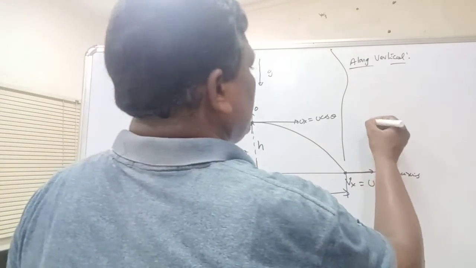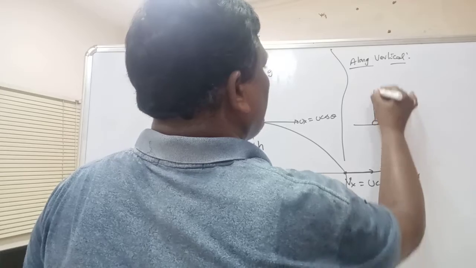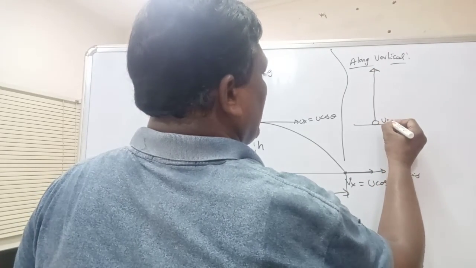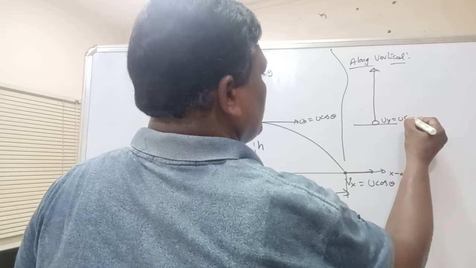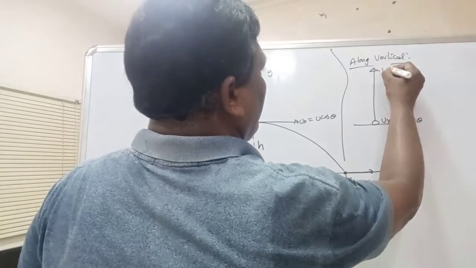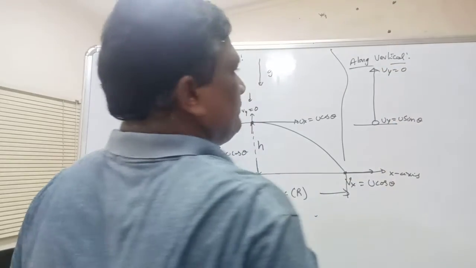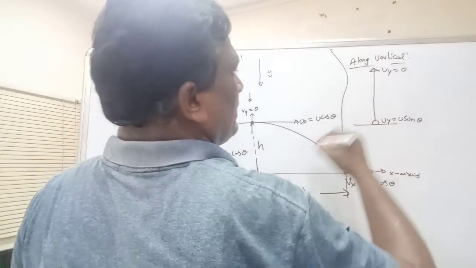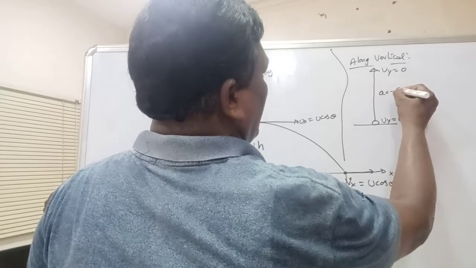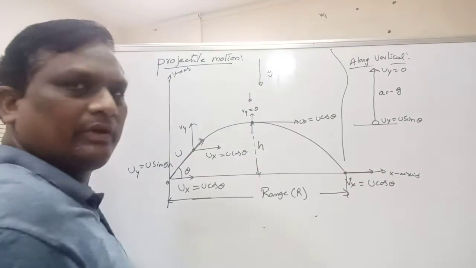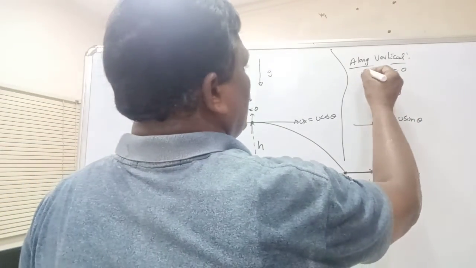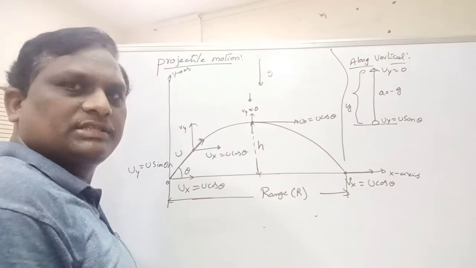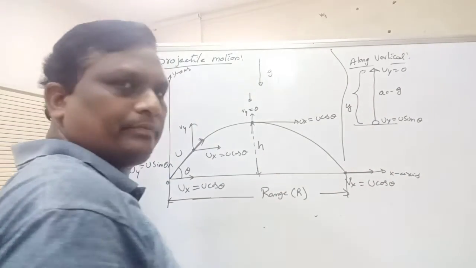The body is projected in this direction like this. So the initial vertical velocity uy is equal to u sin theta, and the final vertical velocity vy is equal to 0. And a is equal to minus g, because it is moving in upward direction, and this displacement you can assume as y.